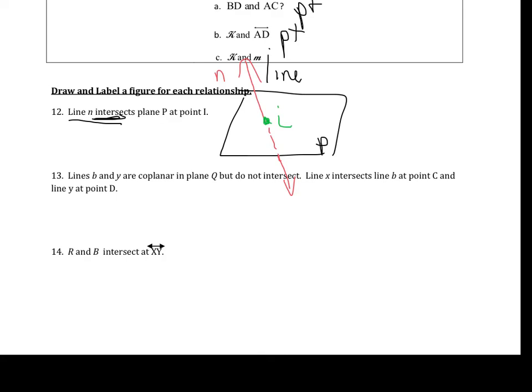All right, so the next one: lines B and Y are coplanar in plane Q but do not intersect. Line X intersects line B at point C, and line Y at point D. So if I'm going to draw a plane, call it Q, I have lines B and Y. Lines B and Y do not intersect.